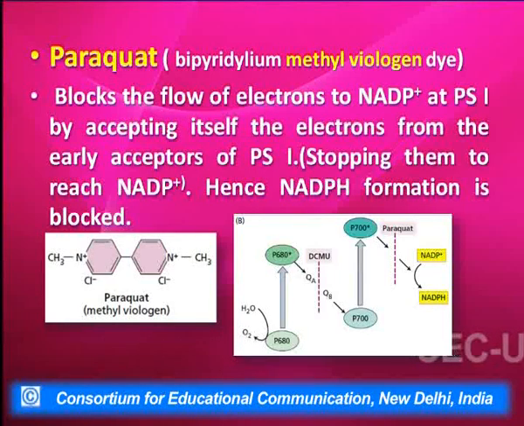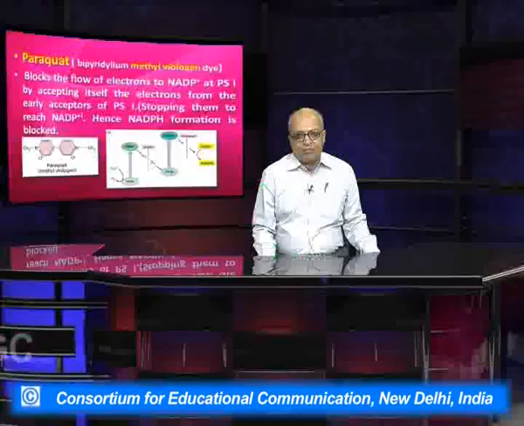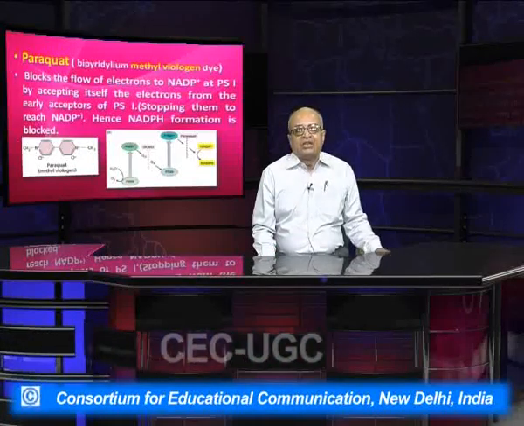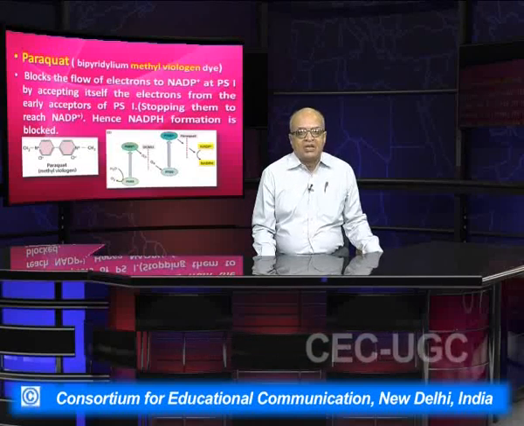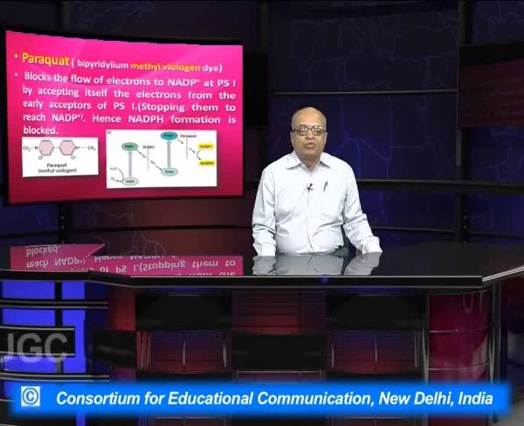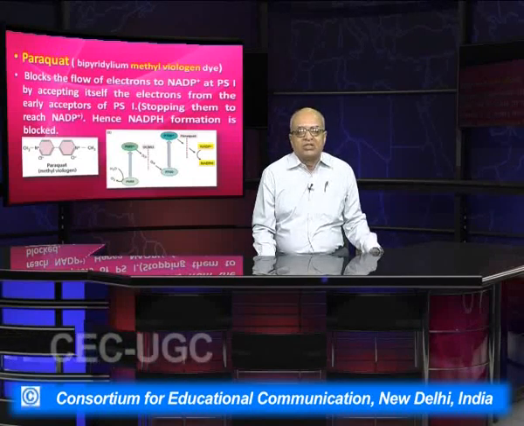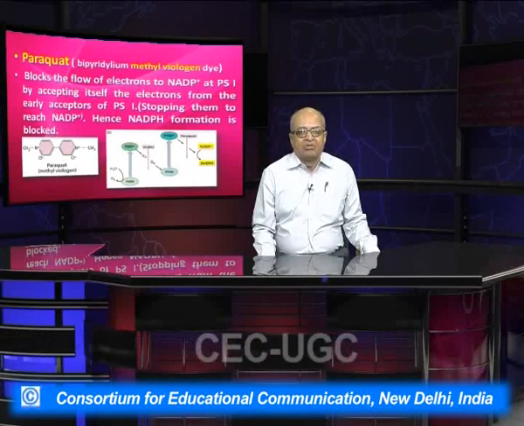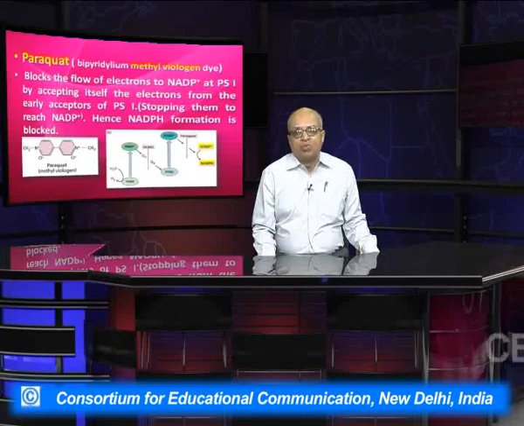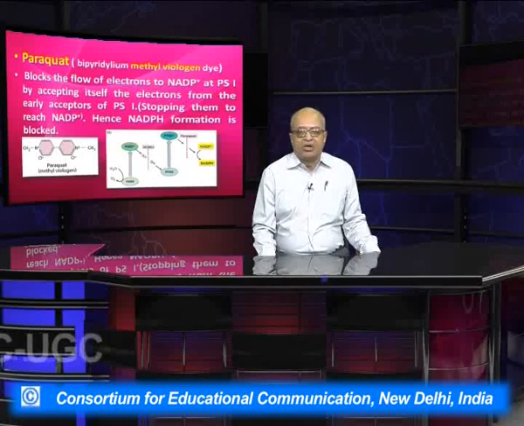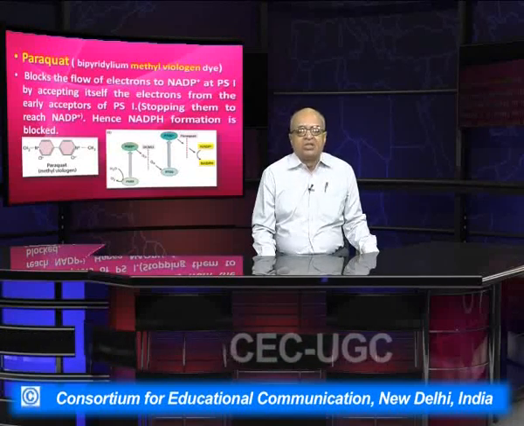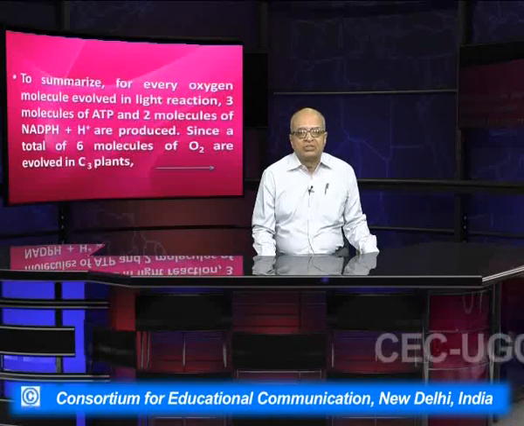It will itself accept the electrons rather than NADP doing so, and as a result it will prevent NADP from getting the electrons. So, it blocks the electron transport near the PS1 end. In both cases, if any of these sequences is blocked, photosynthesis goes.